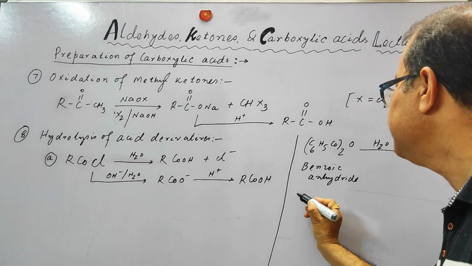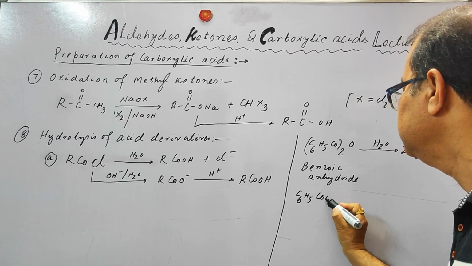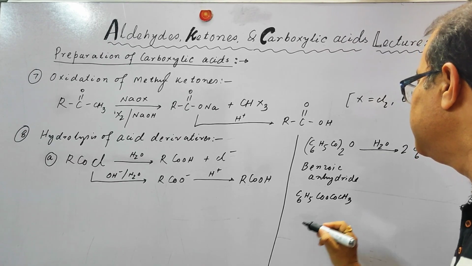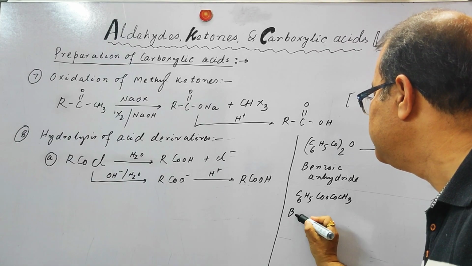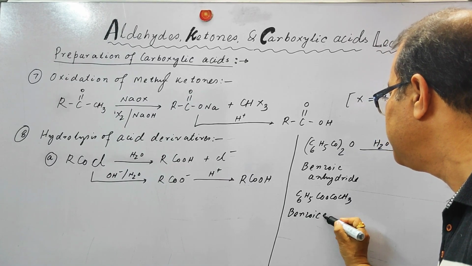Another reaction you can see, that is C6H5, this is benzoic ethanoic anhydride.